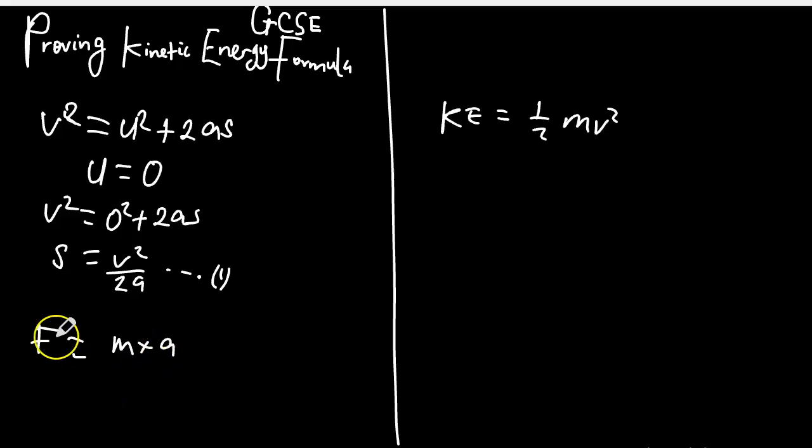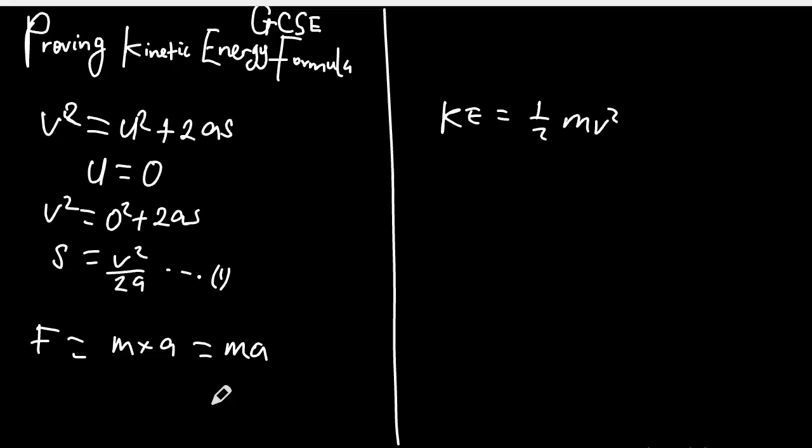So in this case, F is equal to ma, where F is the force in newtons, m is the mass measured in kilograms, and a is acceleration in meters per second squared.